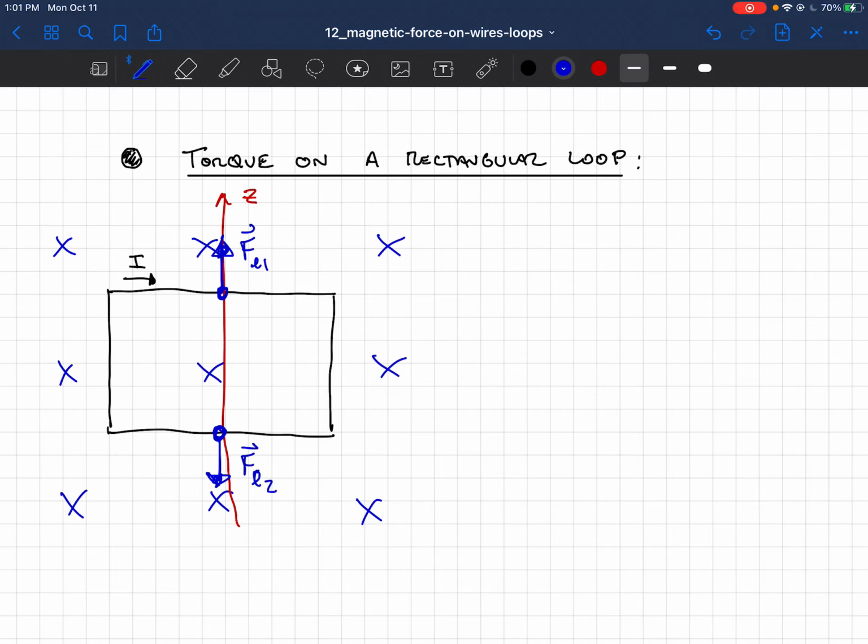I guess this is 1 and 2, but they have the same magnitudes. And then we have a force which is acting to the right, the F_W1, and a force which is acting to the left, the F_W2. And I want to determine what the net torque about the z-axis is.